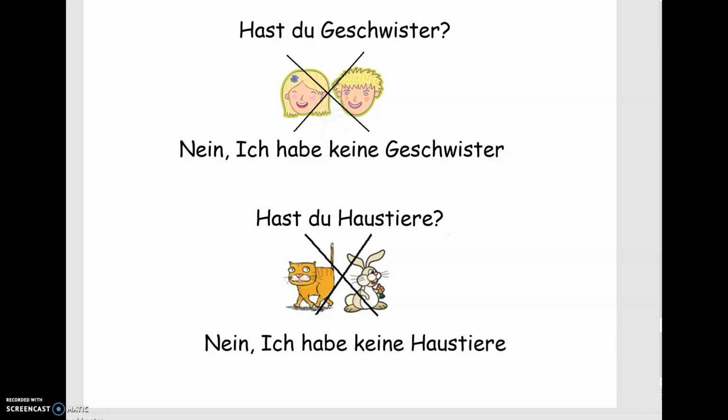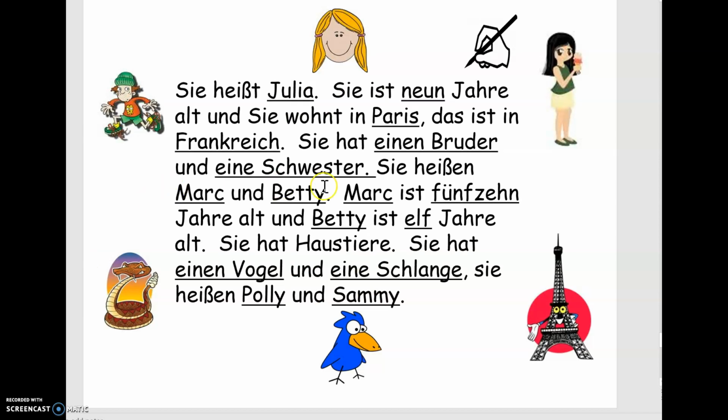Okay, putting it all together, let's see how you go. We have this little story about a person. I want you to see if you can translate what is written about Julia here into English. So in your notebook, write down the translations of each of the sentences. Sie heißt Julia. Sie ist 9 Jahre alt und sie wohnt in Paris. Das ist in Frankreich.